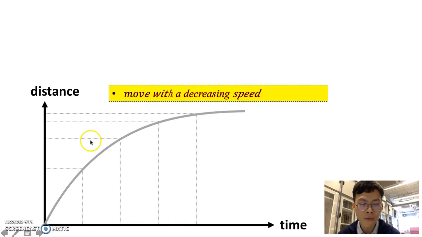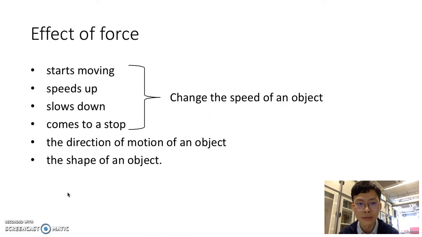And for this graph, you can see that it becomes curvy here. So it means that the object is moving with a decreasing speed, because from different times, we can find the speed at different times, and you can find that the slope is decreasing, meaning the object is decreasing in speed.